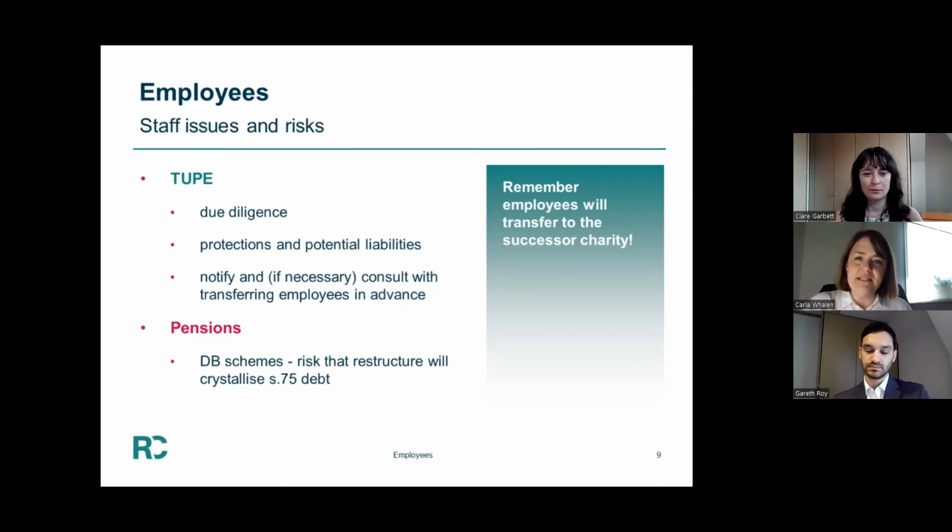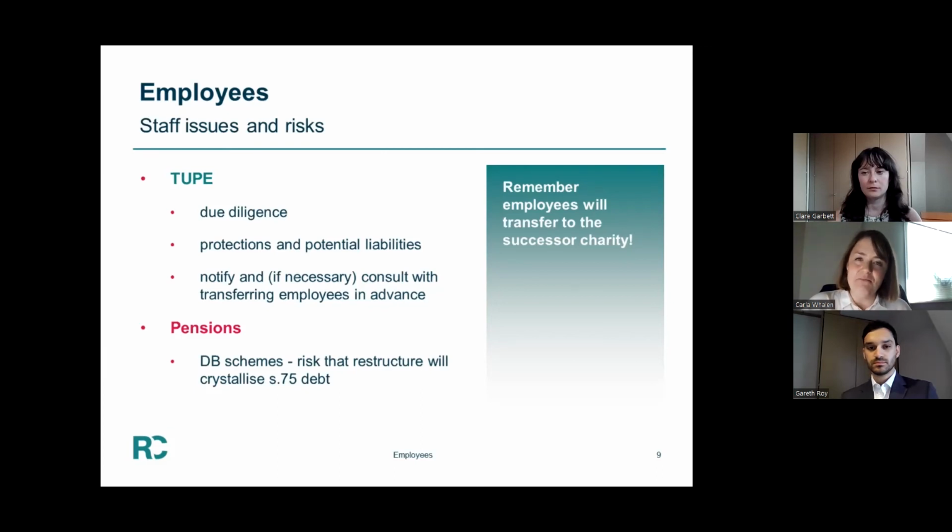The other main point to note on incorporations and restructures in general when it comes to staff is pensions. Now, we're not pensions experts, but we do work with trusted partners who can give expert pensions advice if you find yourself in this sort of situation.